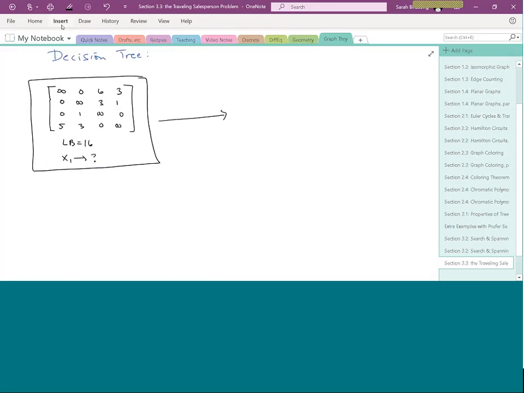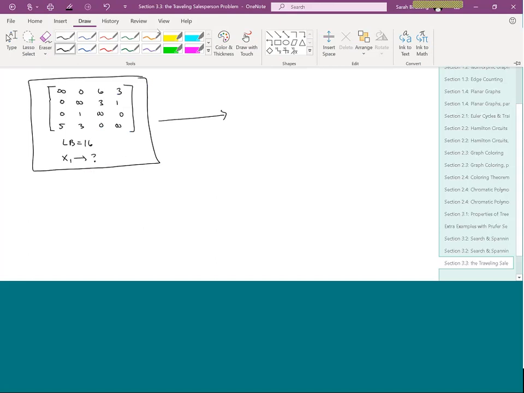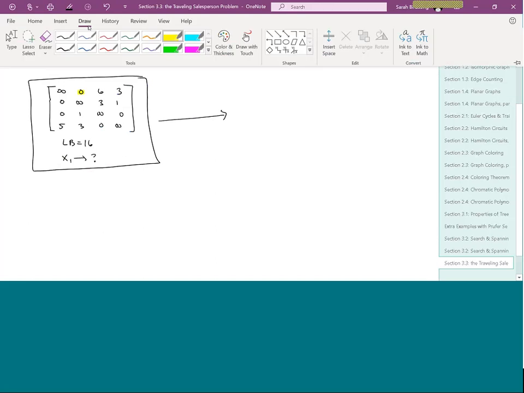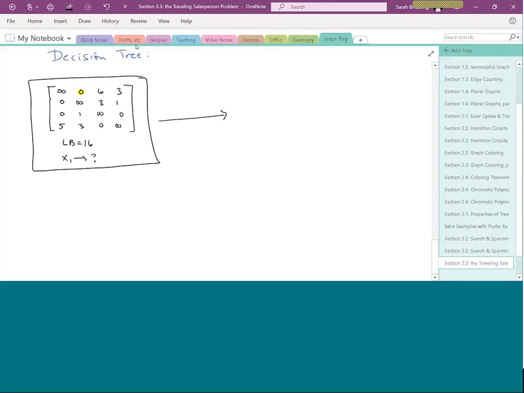Okay. So the first thing that we do in this decision tree is since we're starting here with city 1, we're going to look across row 1, we spot our 0, and that gives us our first real branch. So I'm going to go ahead and label this as 1, 2, 3, and 4.